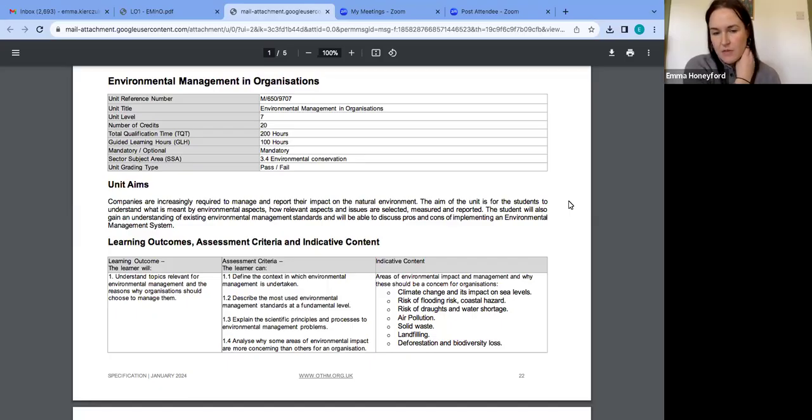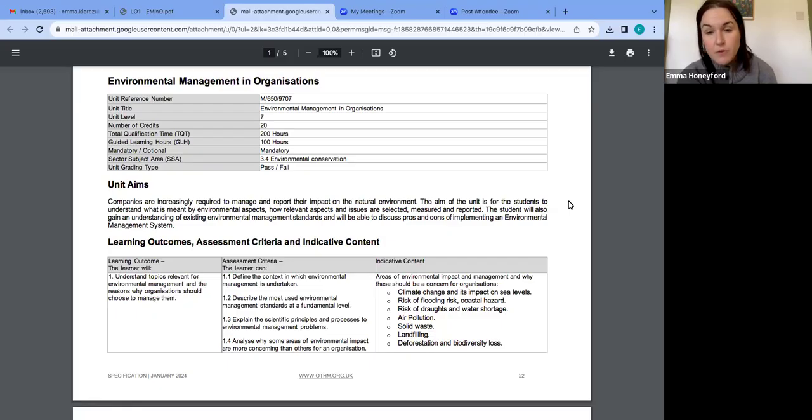And then the indicative content: the areas of environmental impact and management and why these should be a concern for organisations. Climate change is a massive impact area, and this has other impacts such as impacts on sea levels.